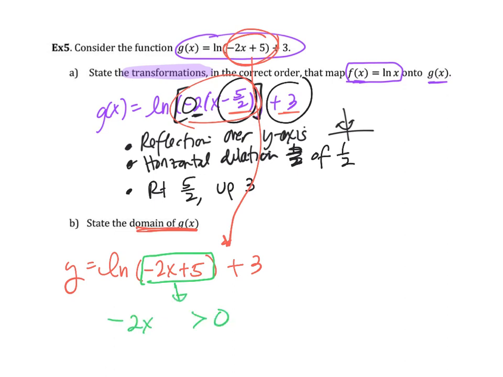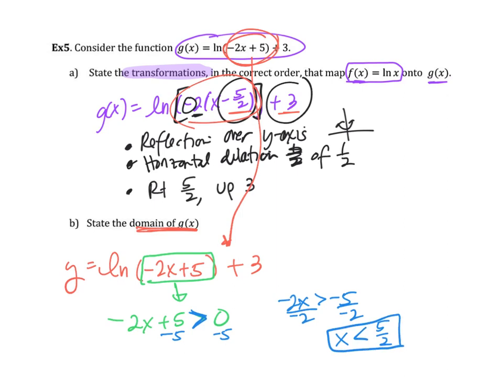So we have to make sure that -2x plus 5 is always positive. We just solve: negative 2x is greater than negative 5. Subtract 5 from both sides, then divide each side by negative 2, but when you divide by a negative, you have to switch the sign. So the domain is x is less than 5 halves. And that's it.